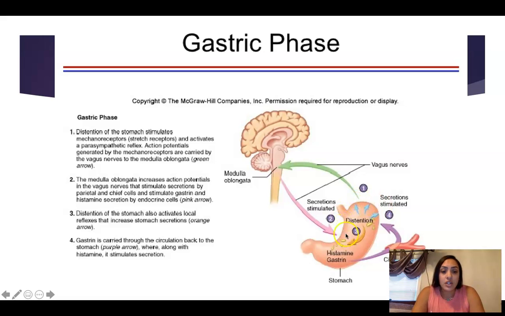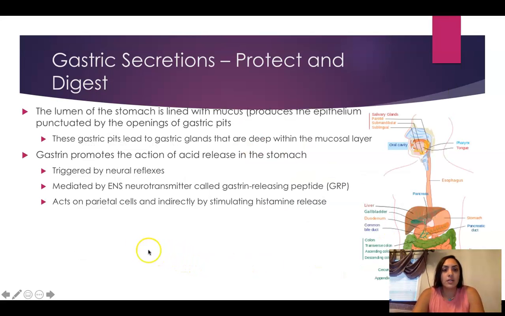And the distension of the stomach also activates local reflexes that increase stomach secretions, which is that orange arrow. And the gastrin is carried through the circulation back to the stomach, shown by the purple arrow, where along with histamine it stimulates secretion, which comes to the next slide.